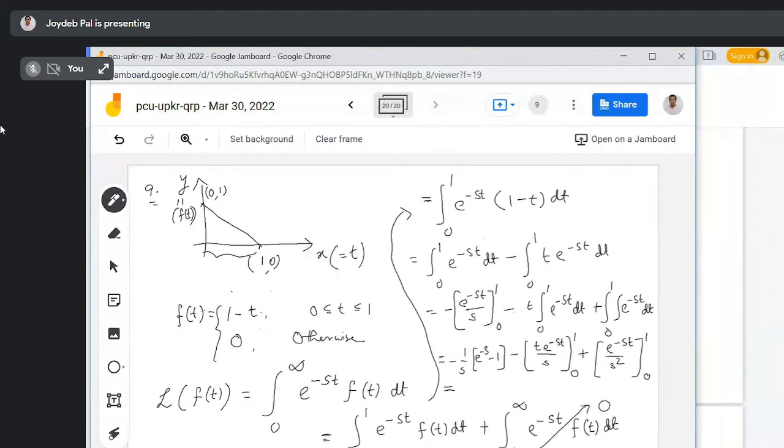Okay. So in the last line, you put the limits in the second and third term. I'm struggling with the space actually.